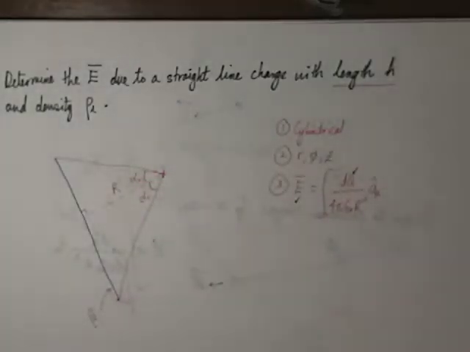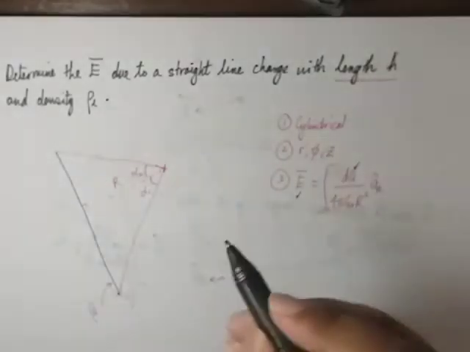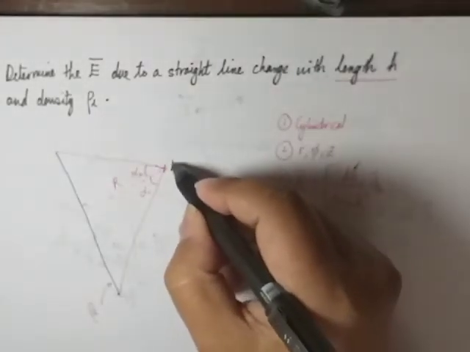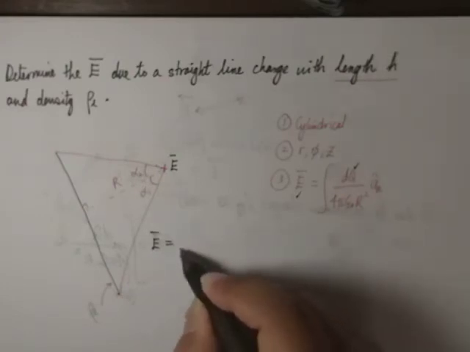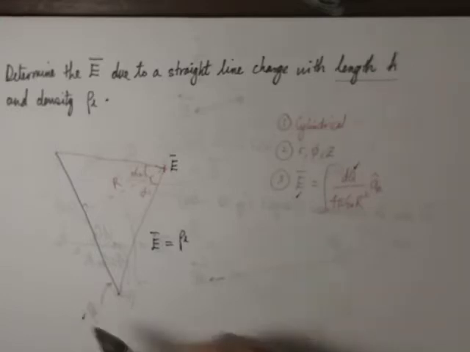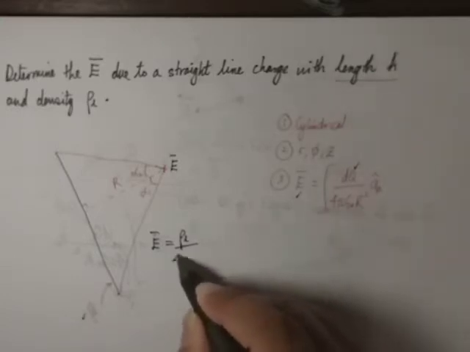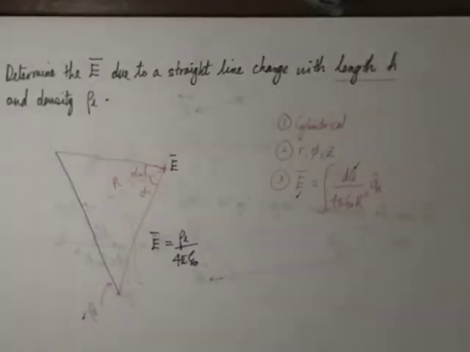So the equation that we defined before can be used. What is it? The E is equal to rho L divided by 4 pi epsilon naught.